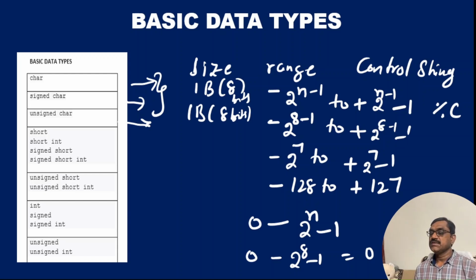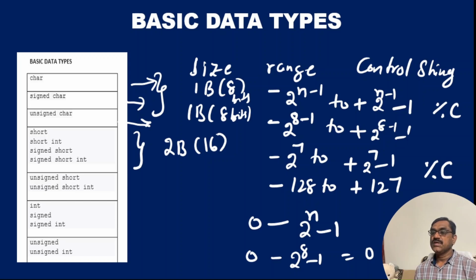Now after finding the range, again we are talking about the control string. The control string is again percentage %c. After this, next we are talking about short, same as short int, signed short int, all are the same. These data types take 2 bytes of memory, that means 16 bits.